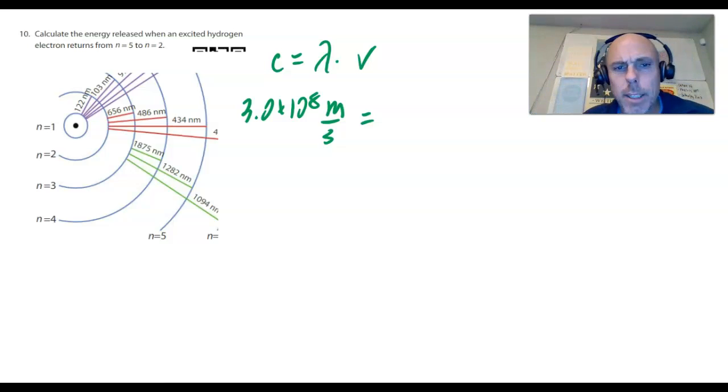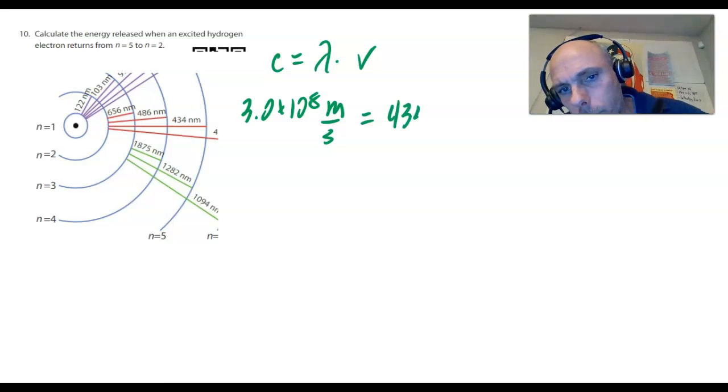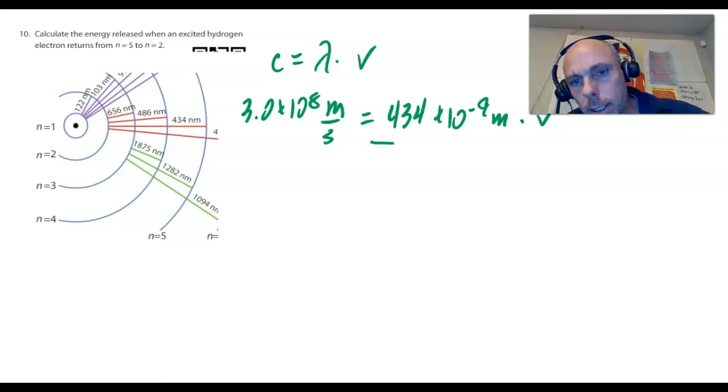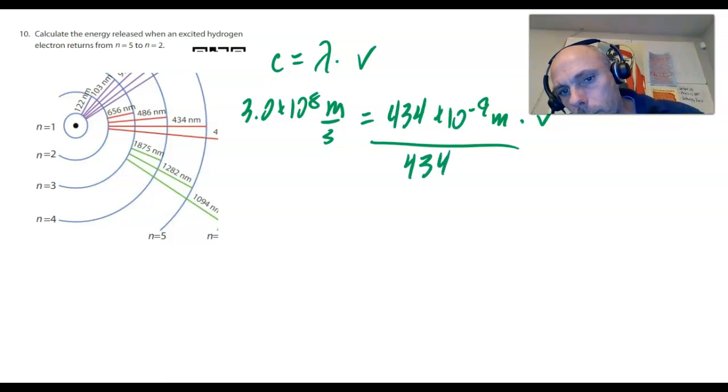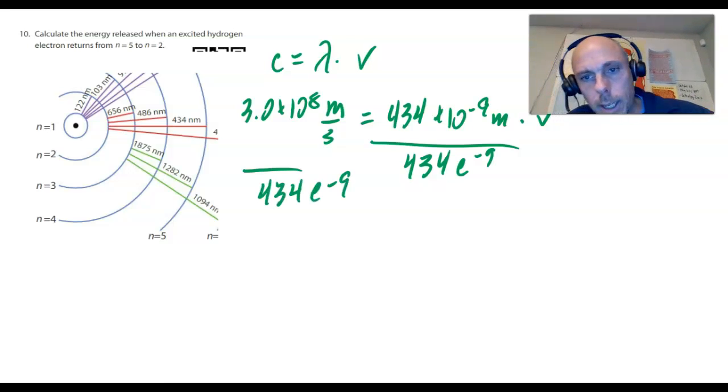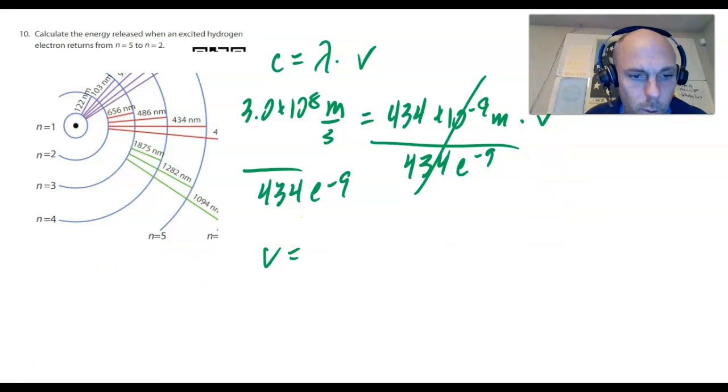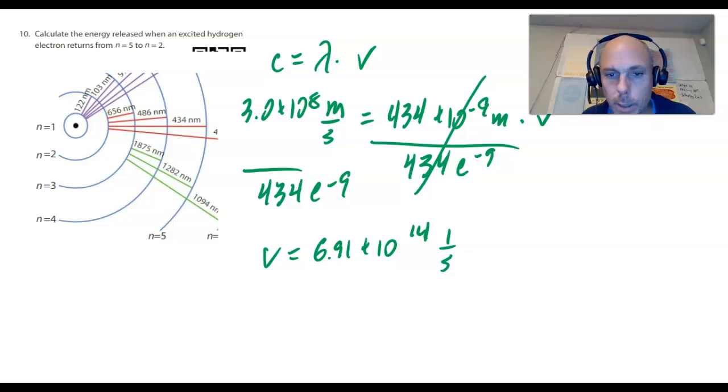Remember that nano means 10 to the minus 9, so we're going to go 434 times 10 to the minus 9 meters times the frequency, times x. So I divide by 434 times 10 to the minus 9, and that's going to be the frequency, and when I go to my calculator, the frequency will be 6.91 times 10 to the 14, 1 over seconds, or hertz.